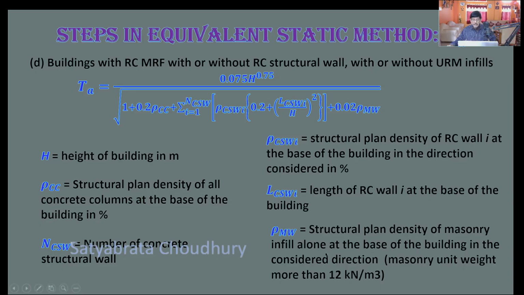Then you divide by the plan dimension of the building, which gives the masonry wall density. This can be used only when the masonry unit weight is 12 kilonewton per meter cube or more. Generally, the unit weight for brick masonry infill is 20 kilonewton per meter cube.